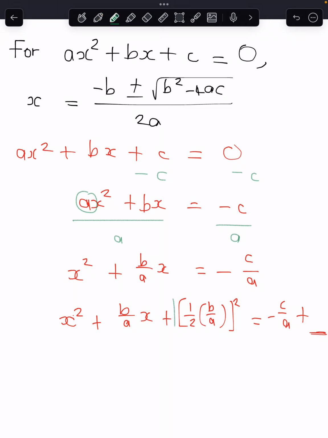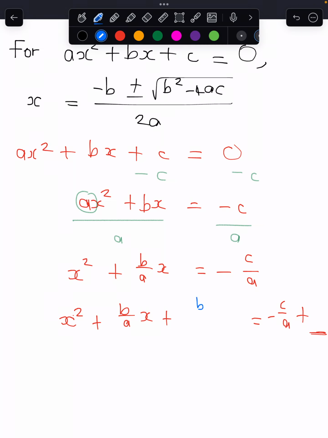So this is half, so let's write it as b over 2a squared. And we can really just keep it in the squared form because that helps us factorize the expression. So I'm just going to rub this out because it's bulky. Okay, so we saw that it is, let me do it in a different color, b over 2a squared. So we add it on this side as well.